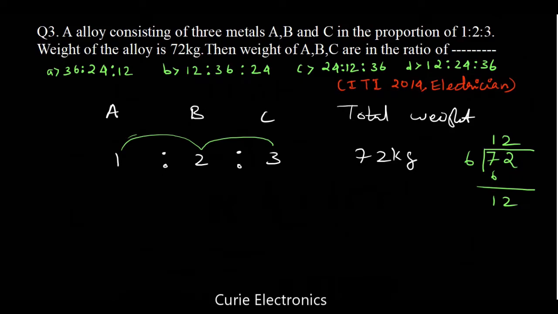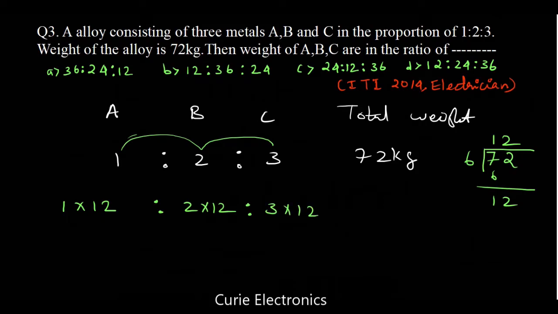Now one part of this ratio is going to be 12. Then it will get multiplied. So how do I write it? 1 multiplied by 12 is to 2 multiplied by 12 is to 3 multiplied by 12.